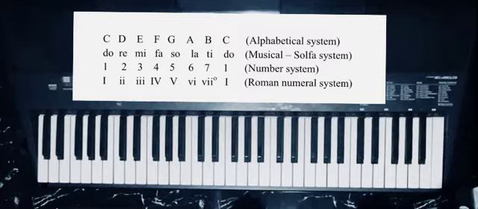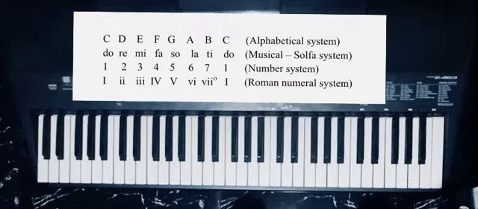One is the alphabetical system, two is the musical solfa system, three is the number system. At times we add the Roman numeral system to it, but today we are going to look at just three: the alphabetical, the musical solfa, and the number system.